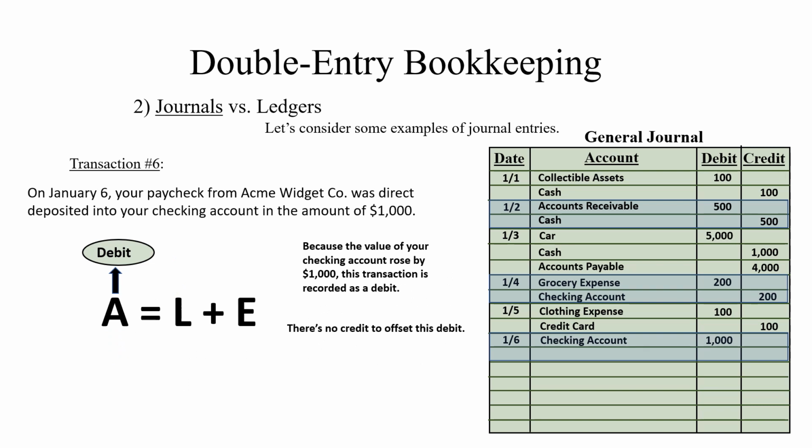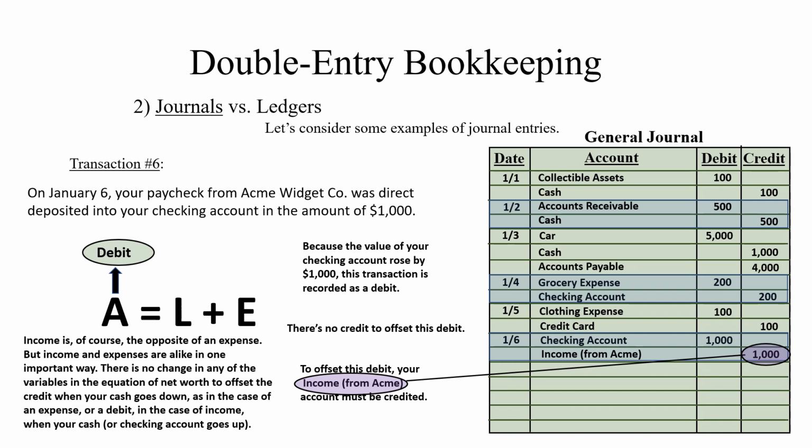So there's no offsetting credit when your checking account increased by $1,000. It's as though the money just fell from heaven. So to offset this debit, we will create an account that we can credit. We will call it income from Acme. So as you can see, when you get paid, your income account must be credited.